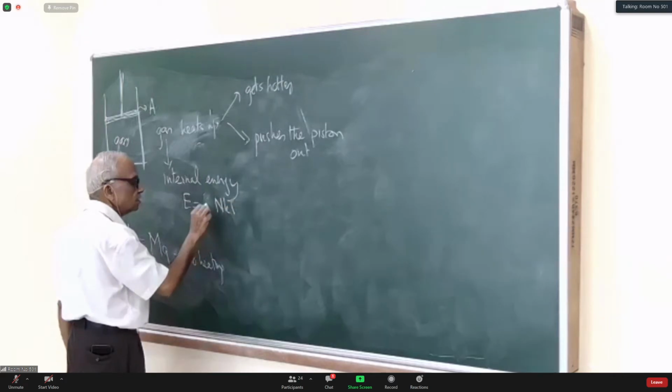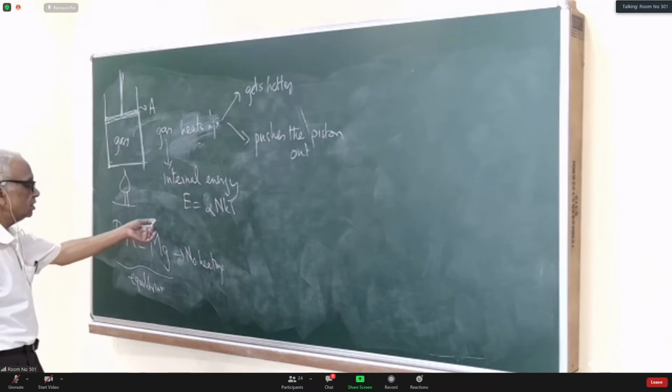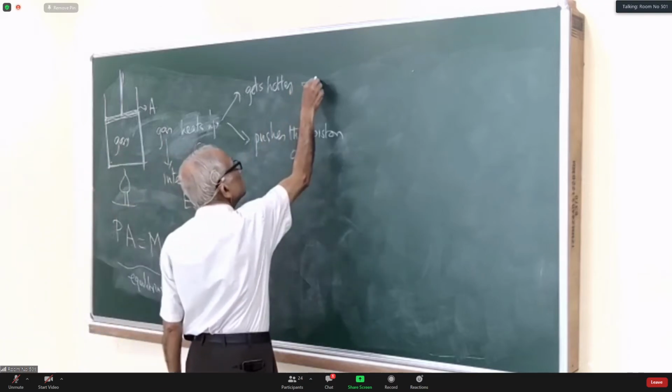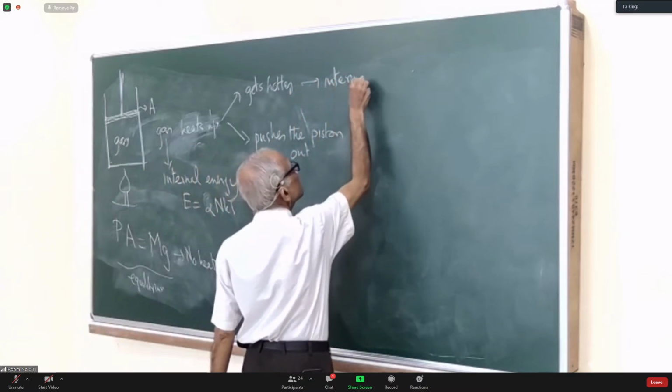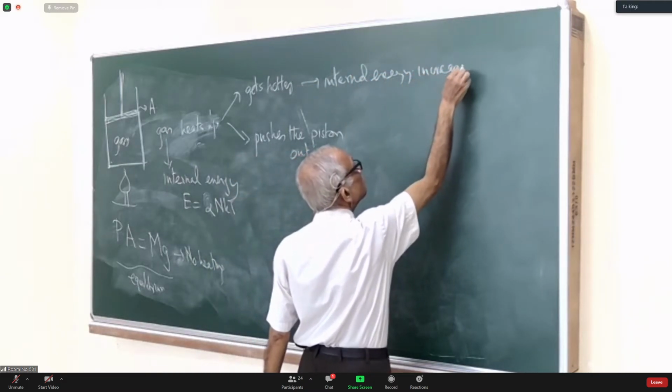Let me write it as some alpha times NkT, where the factor is determined by the precise nature of the gas. This internal energy is going to increase as the gas gets hotter.